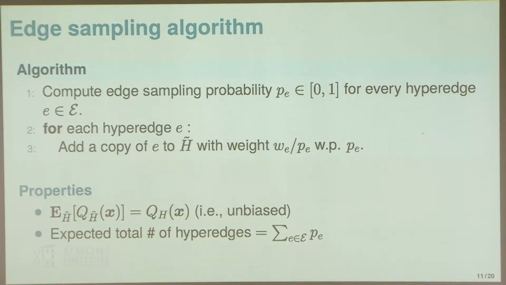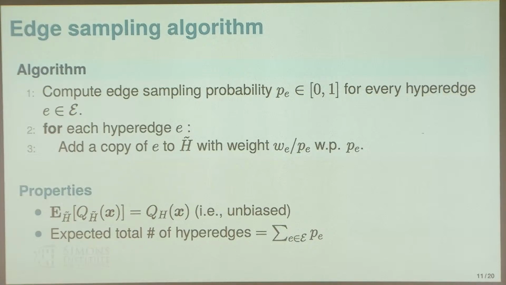So this is a general framework of constructing a spectral sparsifier, even for graphs. For each hyperedge, we compute some sampling probability P, and then what we do is the following. For each hyperedge, we add a copy of edge e to the sparsifier with weight w_e divided by P, with probability P. So this is the general framework. I don't specify P at all yet, but we already have some properties.